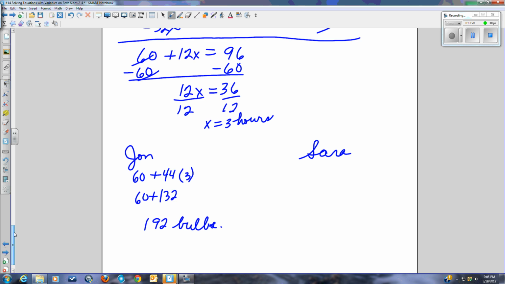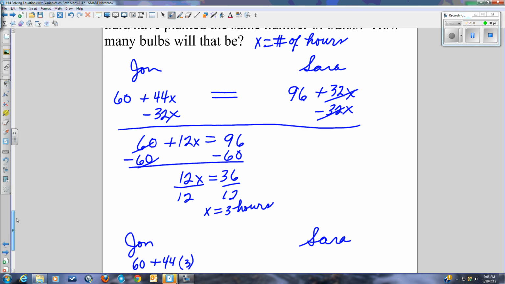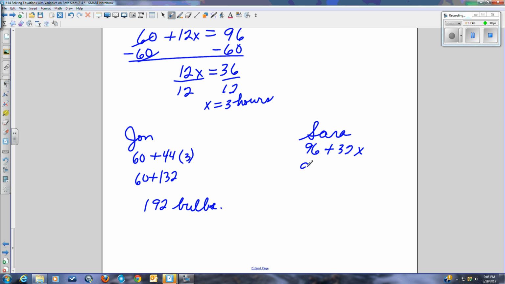The expression that she had for her number of bulbs was 96 plus 32x. So let's plug that in. So we have 96 plus 32 times 3. So that's 96 plus 96, which again gives us 192.